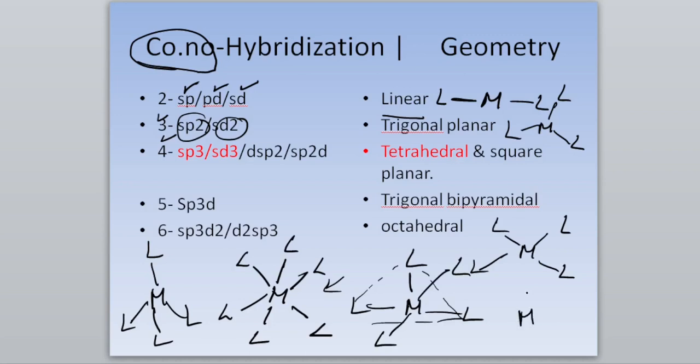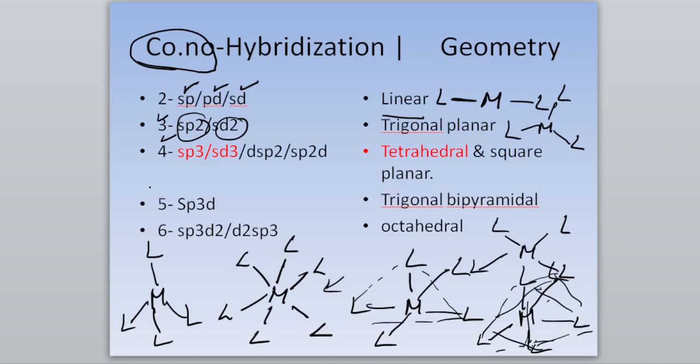This is trigonal bipyramidal. So on the above side one pyramid is formed, on the below side one pyramid is formed. So this resembles the trigonal bipyramidal structure.